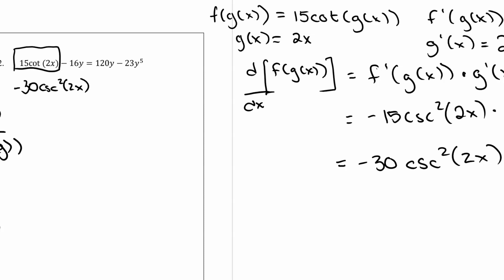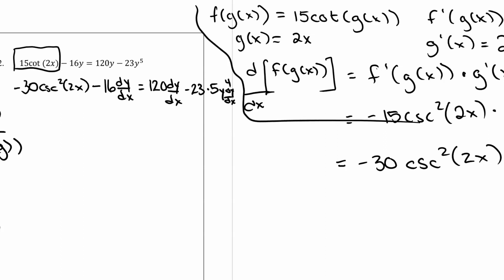So the derivative of negative 16y is going to be negative 16 dy dx. Because we're doing a derivative with a y expression, we need to include the dy dx. Then we've got 120y, which is going to be 120 dy dx. Then we've got 5 as our exponent, so bring that down. We've got negative 23 times 5, y to the 4th dy dx. Let me just divide this off.